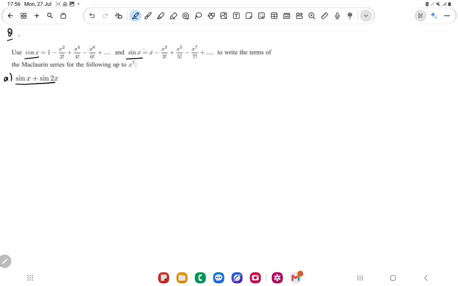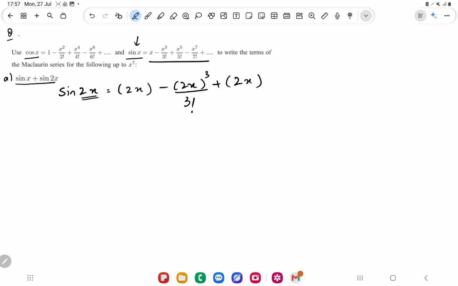So for sin x we can copy down this expansion, but for sin 2x what we will be doing is replacing x with 2x in the expansion given. So I will use this one and substitute, replace x by 2x everywhere. So it is 2x to the power 5 over 5 factorial minus 2x to the power 7 over 7 factorial.